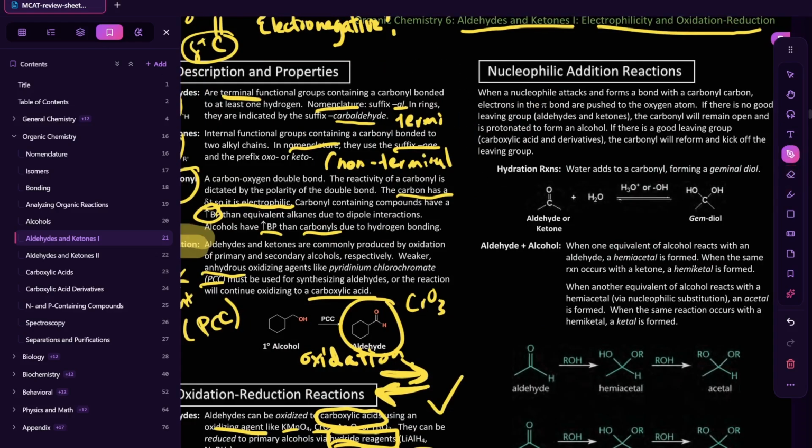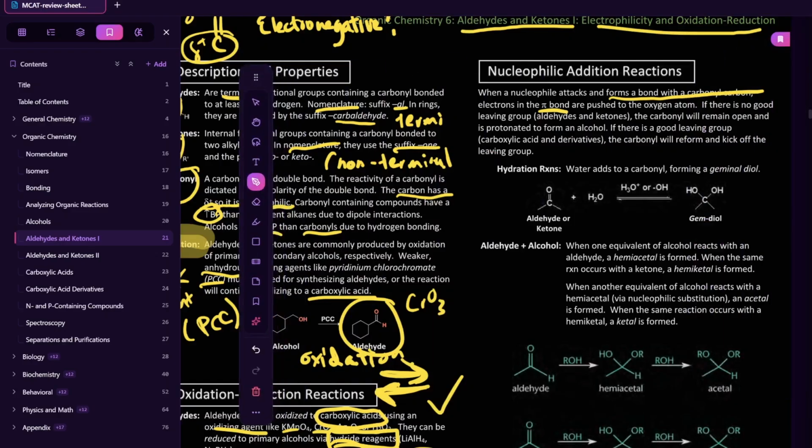Nucleophilic reaction is basically unifying what we were learning, right? A nucleophile attacks electrophiles, like anything that's electrophilic. So a nucleophile will attack an electrophilic carbonyl carbon, and that forms a bond. The electrons in the pi bond get pushed off onto the oxygen.